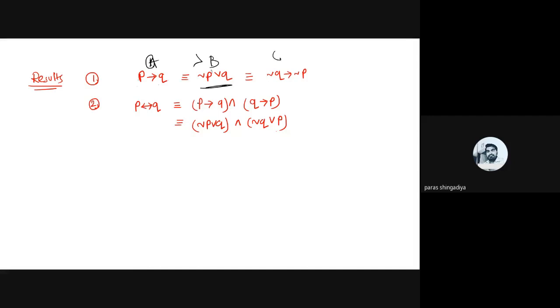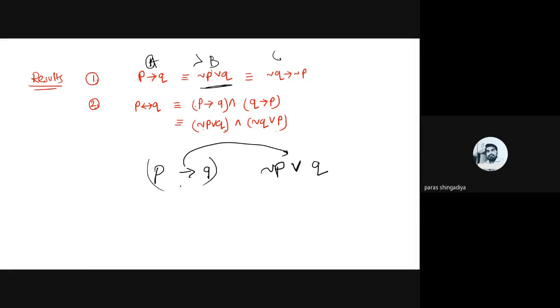That is equivalent to P conditional Q and Q conditional P. The answer of the biconditional relation is P conditional Q and Q conditional P. Otherwise you can replace P conditional Q by negation P or Q. P conditional Q is there, so how can we convert it to the connectives form? P is converted to negation P, and the conditional is converted to or, and Q as it is there: negation P or Q. By using that you can convert this one.